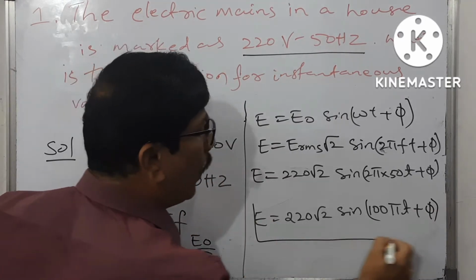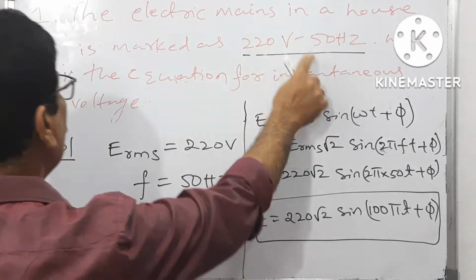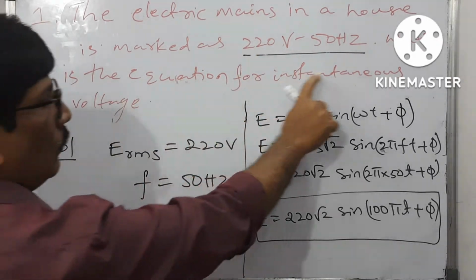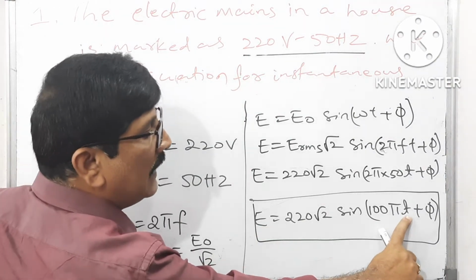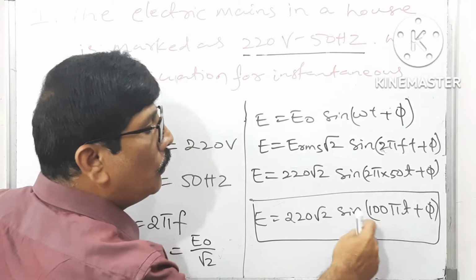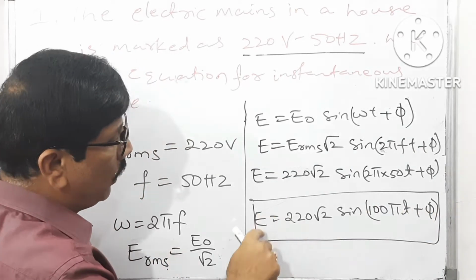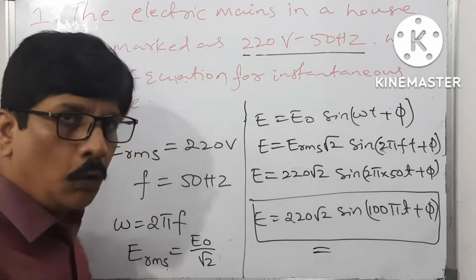This is the required equation. He is asking, by using these values, find the equation for instantaneous voltage. Instantaneous voltage at any instant of time t is 220 root 2 sin(100 pi t). That means if you know the t value, you can find the instantaneous voltage. This is the required formula. I hope you understood this.